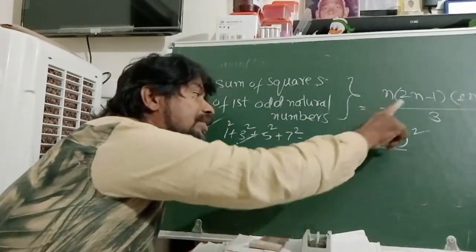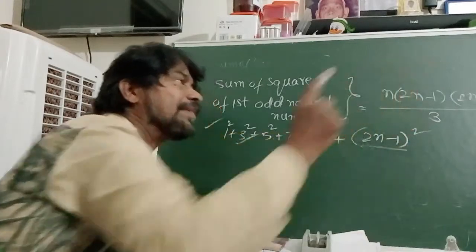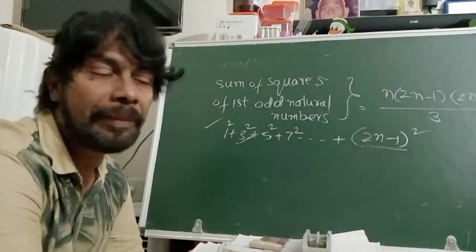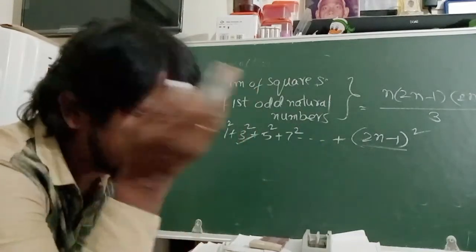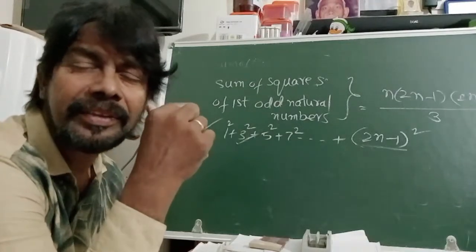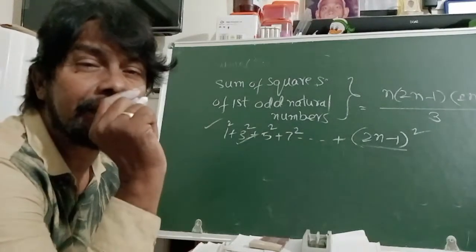To remember: 2n minus 1 into 2n plus 1. n is n. So n is always there. In the first formula, n into n plus 1 by 2 is the sum of the first n natural numbers.